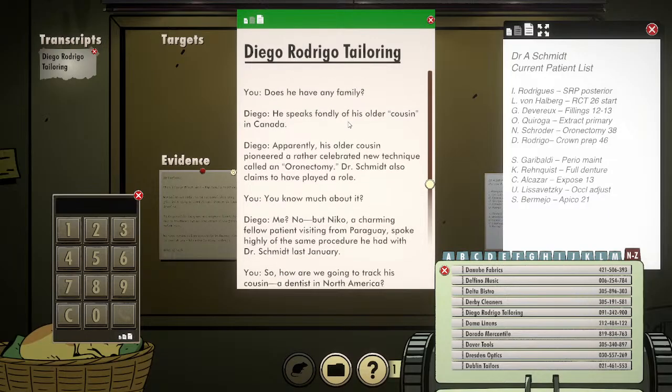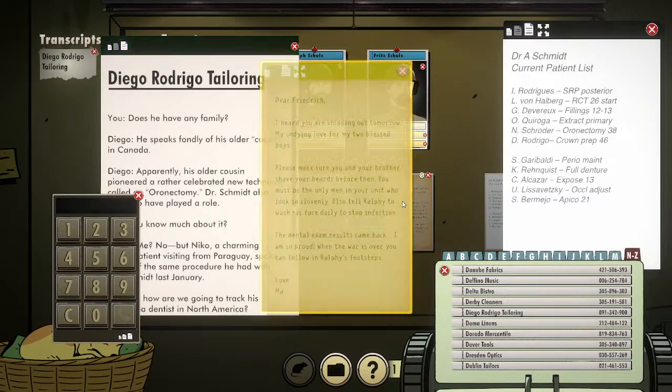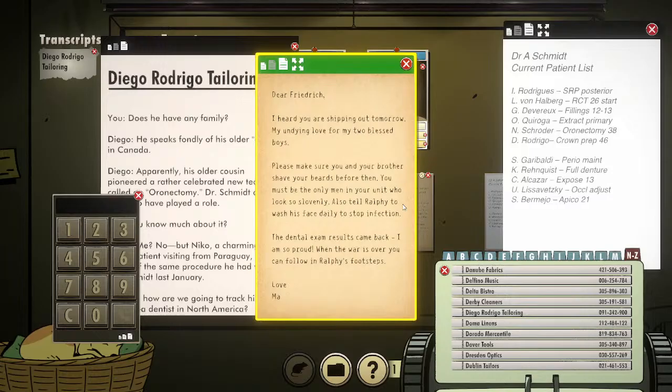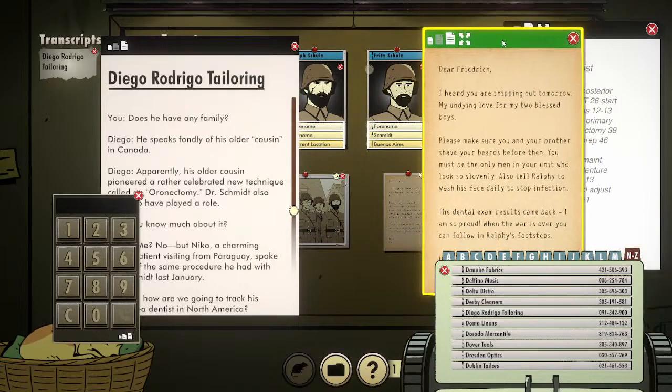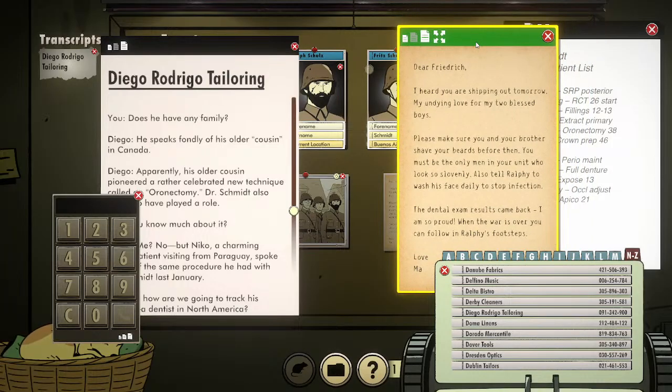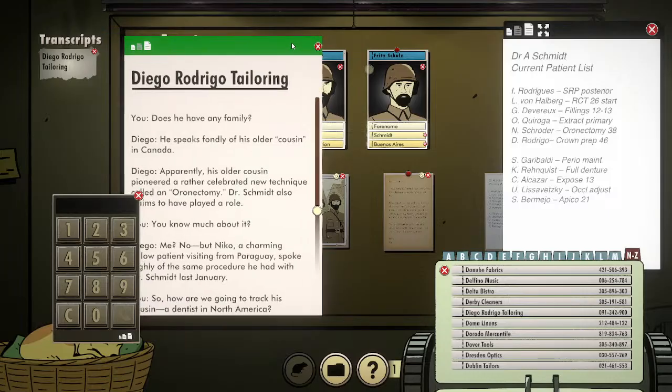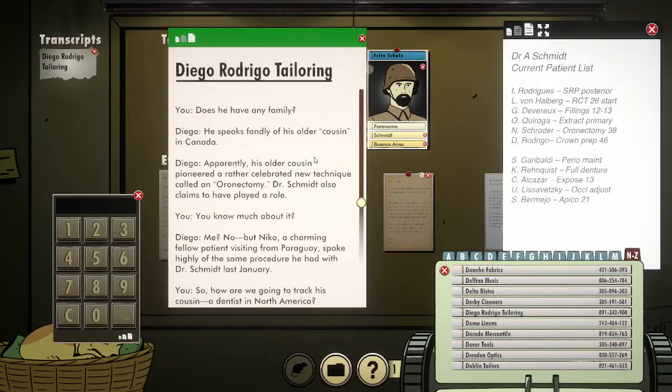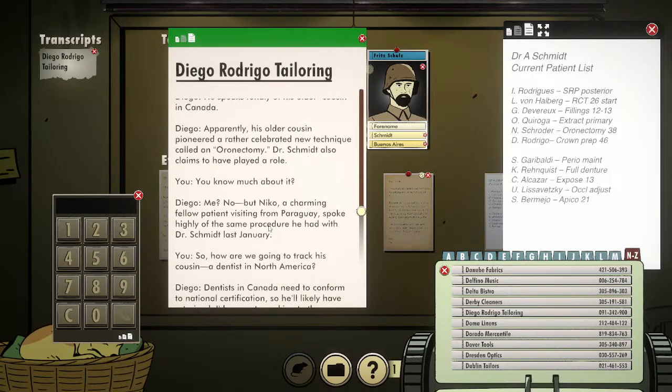He's an older cousin in Canada. Oh yeah, do we know which one's older and which one's younger? When the war's over, you can follow in Ralphie's footsteps. So this guy Ralph Schultz became a dentist first, which would make sense if he was older.